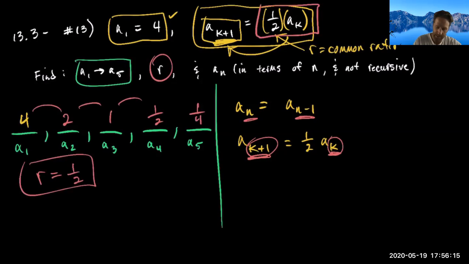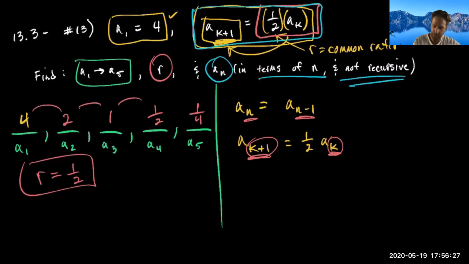And then lastly, they wanted us to find A sub n, but this time in terms of n and not recursively, because they already gave it to us recursively. And that's why they used k rather than this, because they knew at the end they were going to ask this. So our last thing to fill in over here for parts A, B, and C, so to speak, was find the generic term for this.